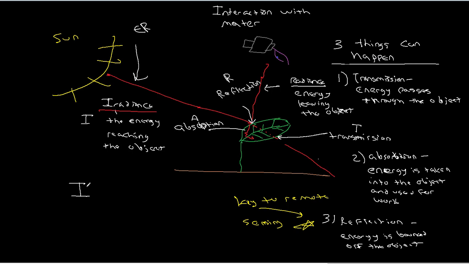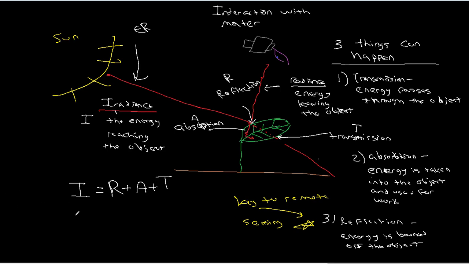The energy that reaches the object, the irradiance, the energy coming in, has to be equal to the energy that is reflected plus the energy that is absorbed plus the energy that is transmitted. I like to think of this as IRAT: irradiance equals reflectance plus absorption plus transmission. That part that is reflected is also the radiance. That is the energy that is leaving.